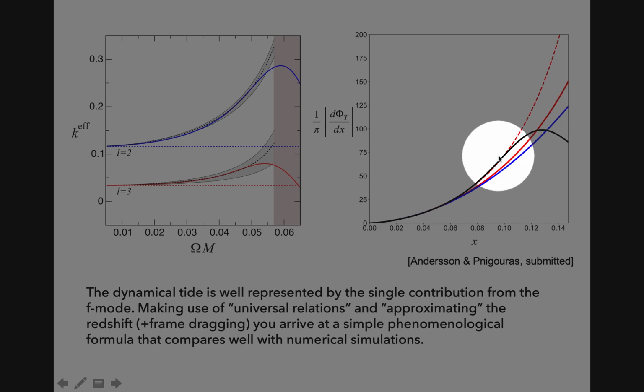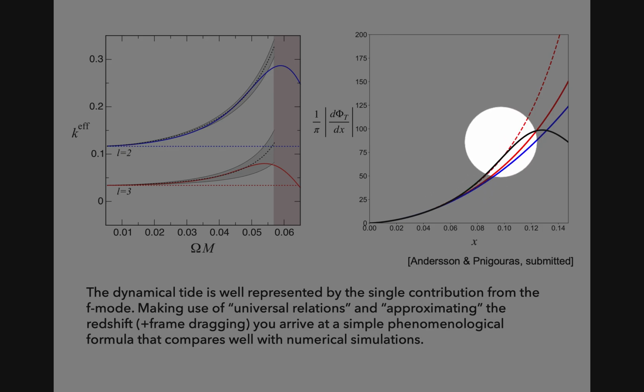And then the dashed red curve says, well, I'm going to go hell for leather and just assume that I'm free to play with the one parameter this model has, and you see that then I can write down a simple expression that lasts almost all the way up to merger compared to the numerical relativity fit. So that's a very good comparison.